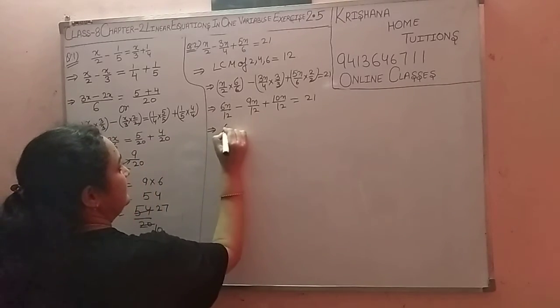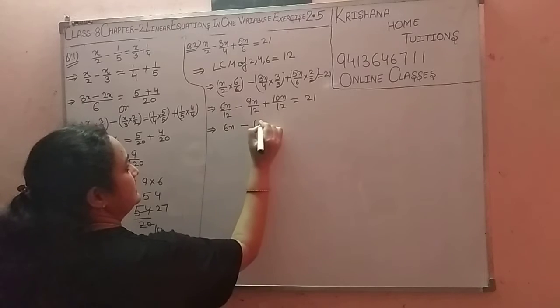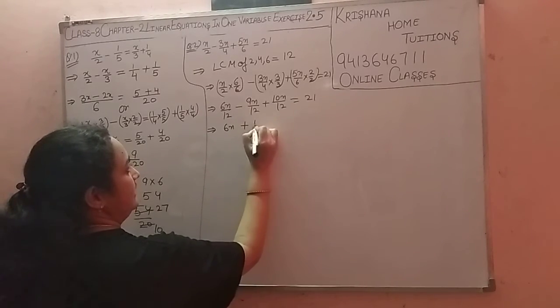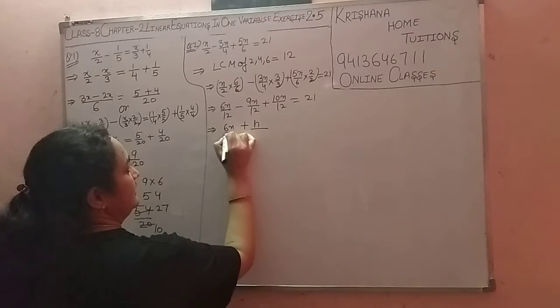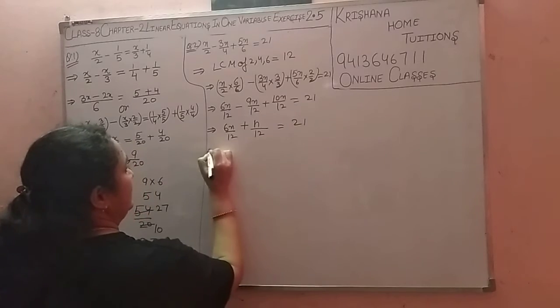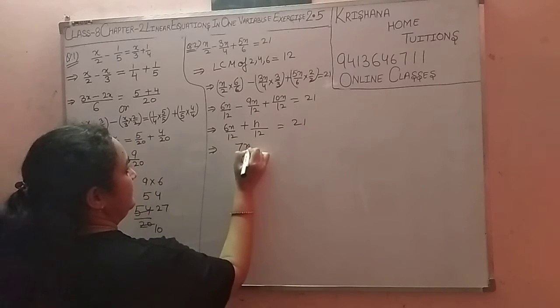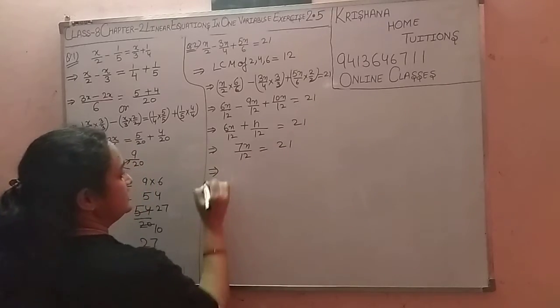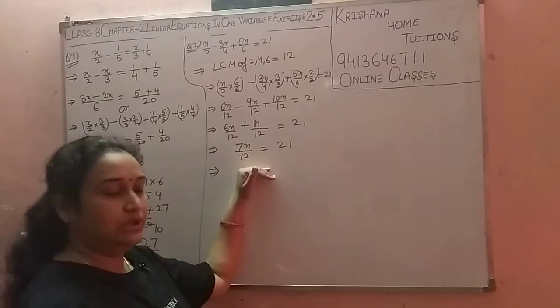So 6n as it is, minus 9, plus 10 is equals to n upon 12 is equals to 21. So here 7n upon 12 is equals to 21. Now the equation is reduced.